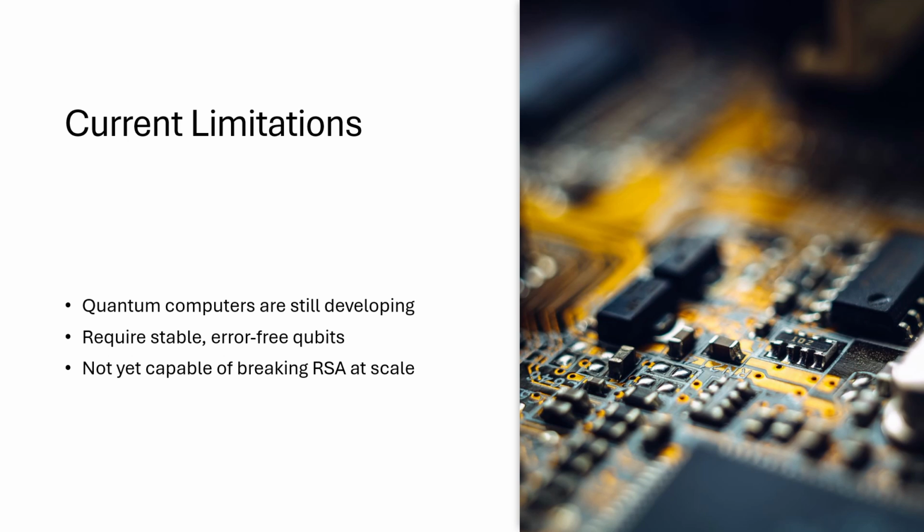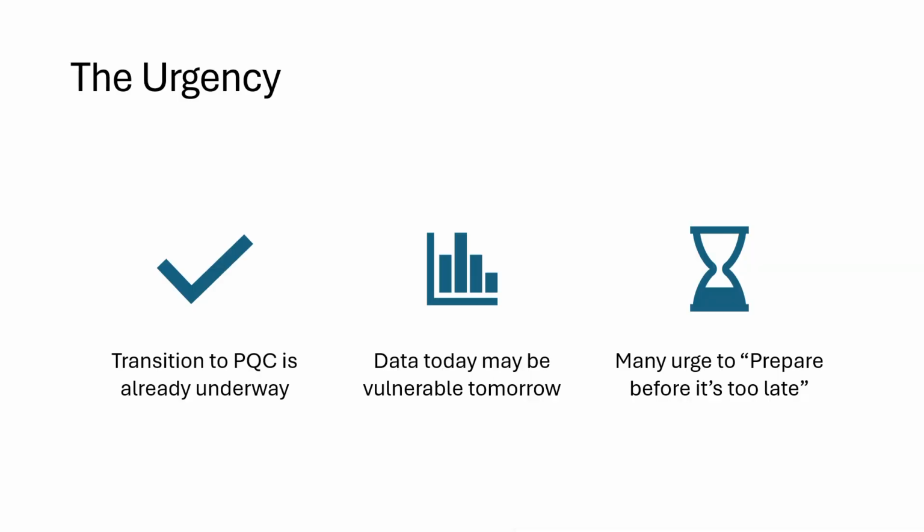But error-free qubits, because of how fragile they are, it's not looking too good so far. And it's not at the scale that they exist. The biggest ones, I believe, are only a few hundred qubits. I think there might have been some recent developments that have broken that, but still not even close to breaking RSA at the scale they're at. They would need millions of qubits running stably and error-free.